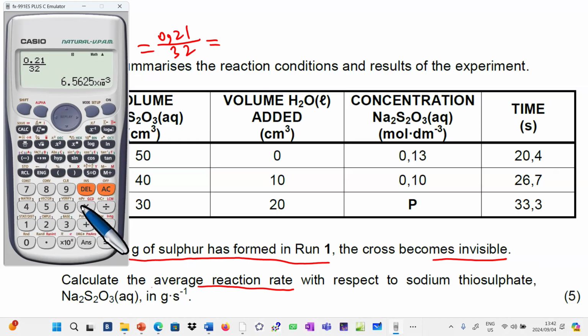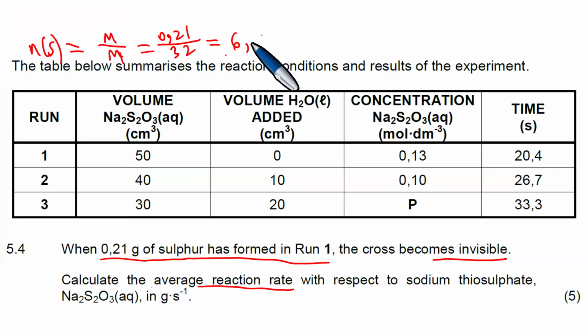We're getting 6.5625 times 10 to the minus 3, so 6.56 times 10 to the minus 3 moles. And we know the molar mass of sulfur from the periodic table is 32 grams per mole.